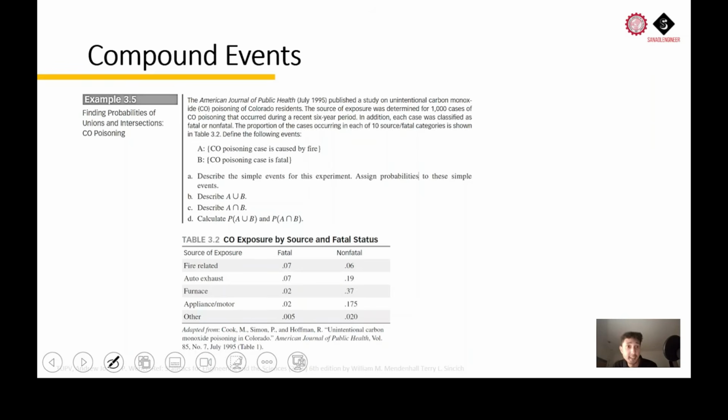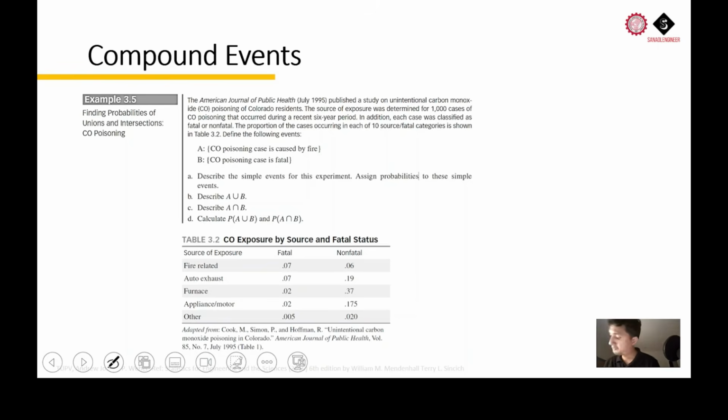So what it says here is that the simple events for this experiment are the different combinations of exposure source and fatality status. That is right. There is a category for fatal, non-fatal, and sources of exposure. So the total number of events is 2 times 5, because there are two categories, fatal and non-fatal, and 5 because there are 5 sources of exposure: fire related, auto exhaust, furnace, lines, other.